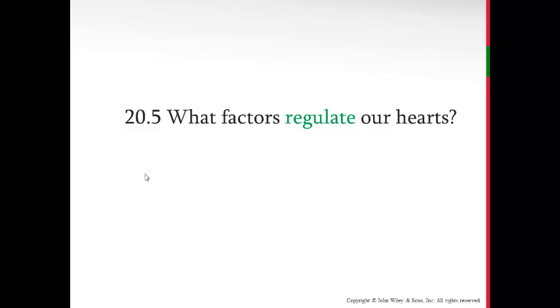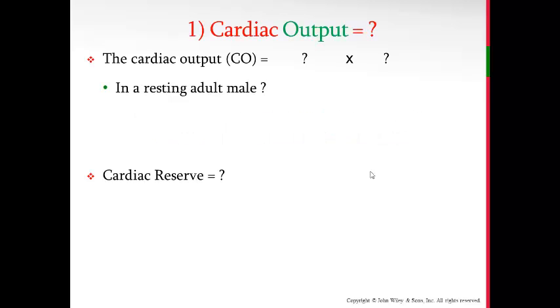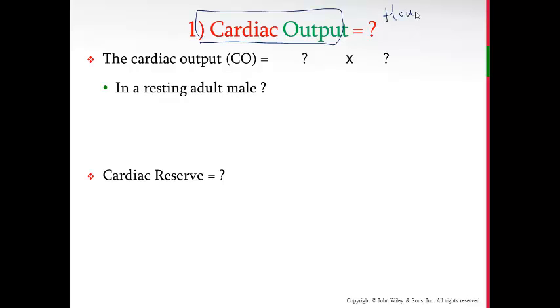So let's take a look at what other factors will help you regulate your heart, especially how your heart beats. The cardiac output is how much blood, the volume, is being pumped each minute.